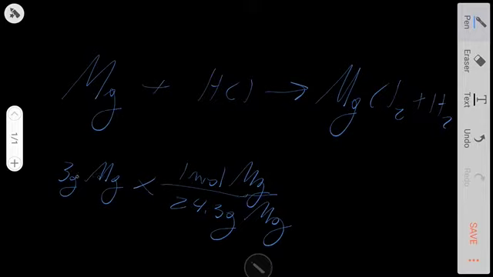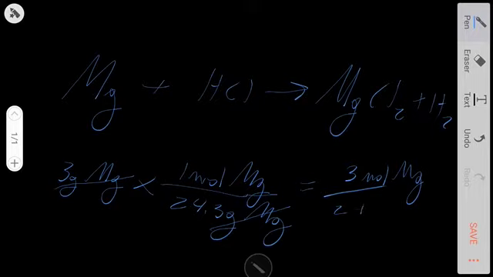Grams are on opposite sides, one on top here, one on bottom. So that unit, grams of Mg, can cancel out. I'm therefore left with moles of Mg. We'll multiply across, so that's 3 times 1 is equal to 3 mole Mg, and I have 24.3 at the bottom.